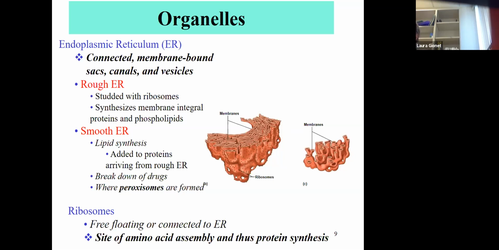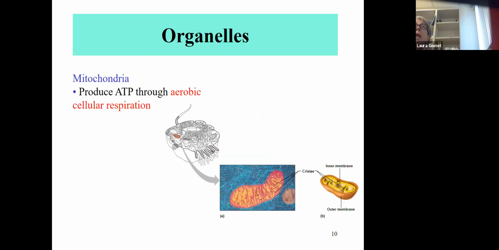But frequently the proteins that are going to be replacing maybe other receptors on the plasma membrane will be modified in the Golgi apparatus. So the ribosomes are part one of multiple organelles that are associated with protein synthesis. Other organelles include the mitochondria.